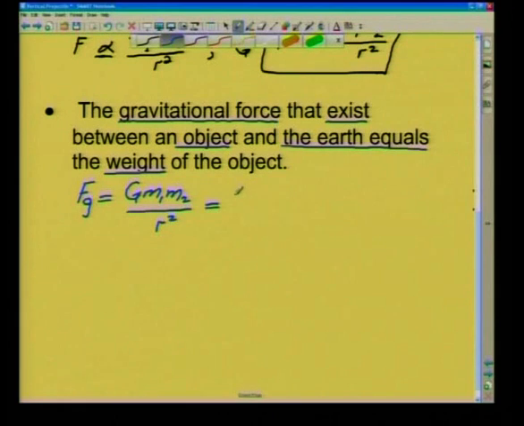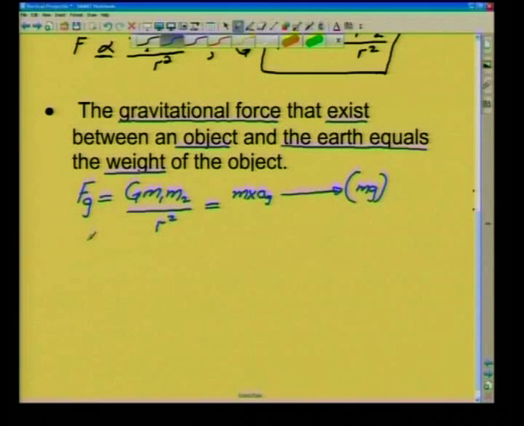The weight of the object is found by multiplying the mass of the object by the acceleration due to gravity, ma. So let me put a small g there, so this is mg for the weight. Okay, you can also say that.